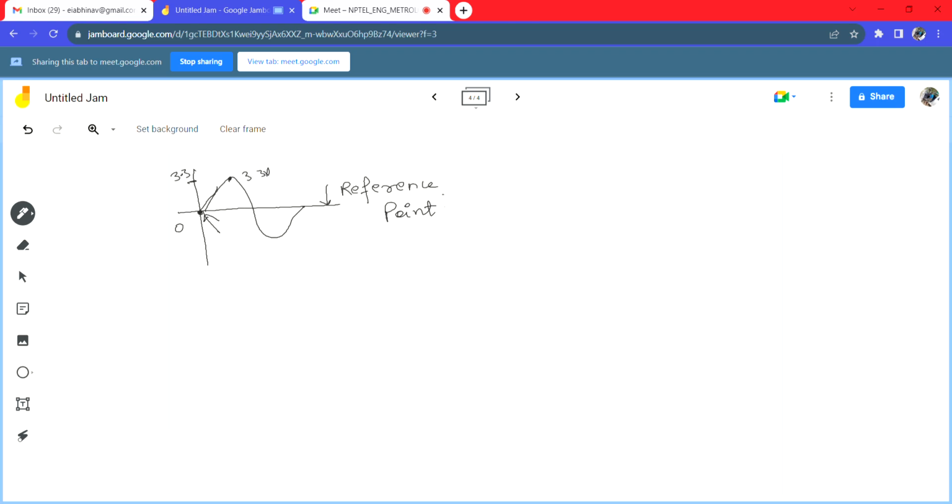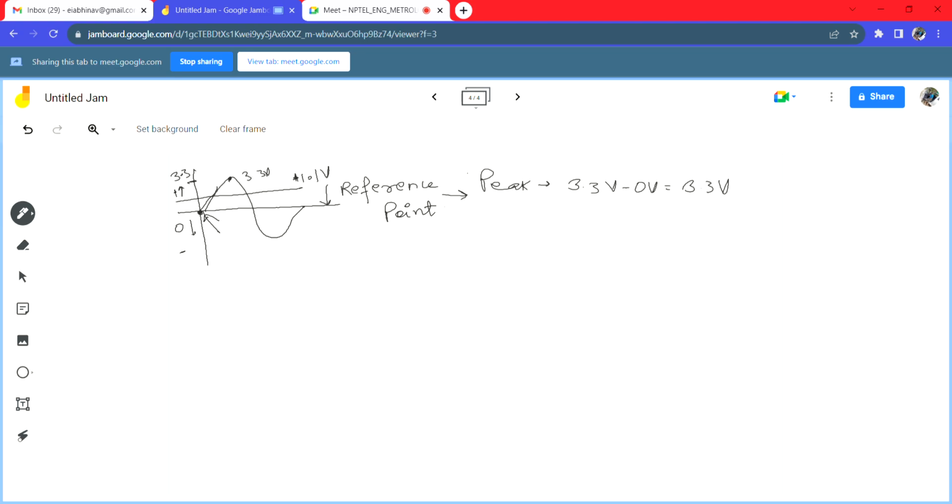So if this is my point of reference, then the peak will be 3.3 volt minus 0 volt, which equals 3.3 volt. But suppose I say that my reference standard lies here, which is 1.1 volt. Now all the values above are positive and all the values below are negative.